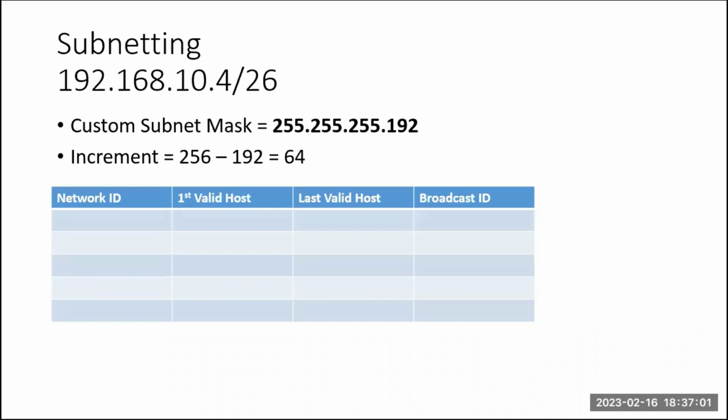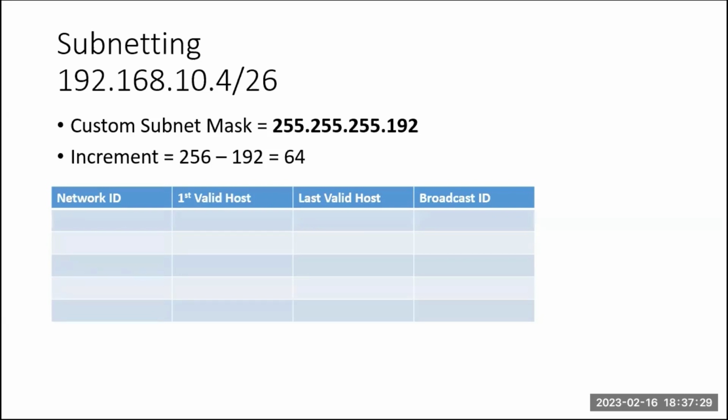All right. Also, if you want to look at it another way, each octet is made up of 8 bits, and there are 256 different ways that you could arrange them. And so we use the 256.